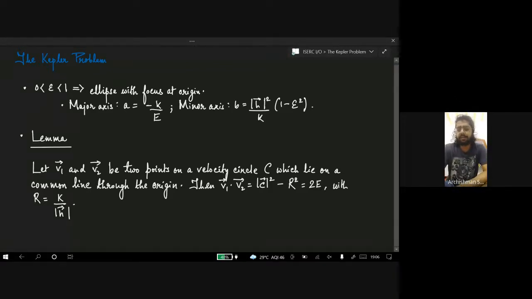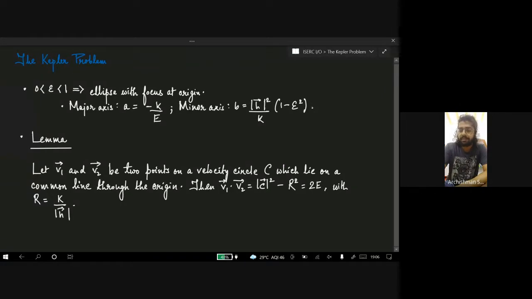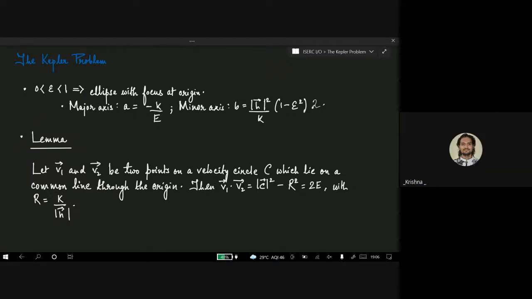I think there should be a factor of 2 here that's missing. With the minor axis being norm of h squared by k times 1 minus epsilon squared, twice that actually.